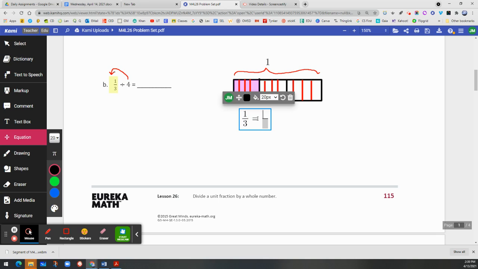So the actual answer of this problem is going to be 1 over 12. Okay, and that will be the answer for the problem, 1/12.